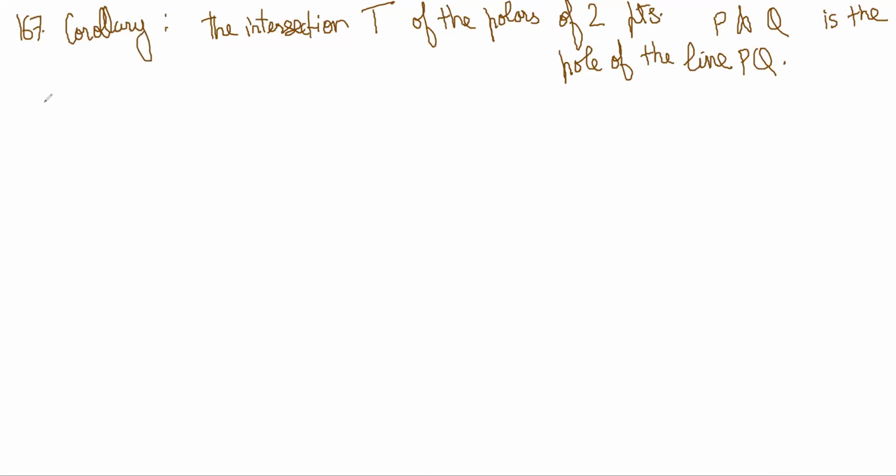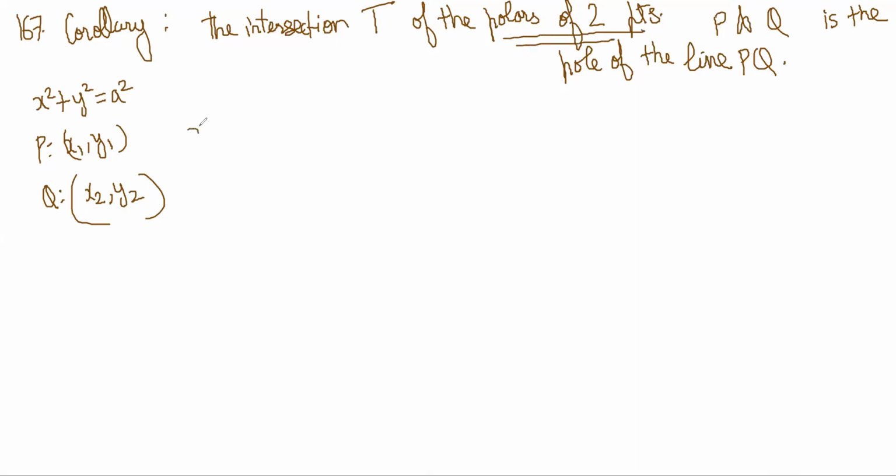So let's prove it in an arbitrary setting. Let x square plus y square is equal to a square be my circle, and the two points P is x1, y1 and Q is x2, y2. The polar of this is x1 x plus y1 y minus a square is equal to 0, and the polar of this is x2 x plus y2 y minus a square is equal to 0.